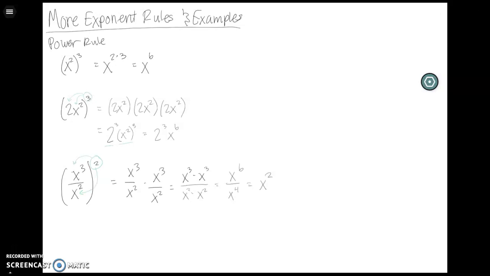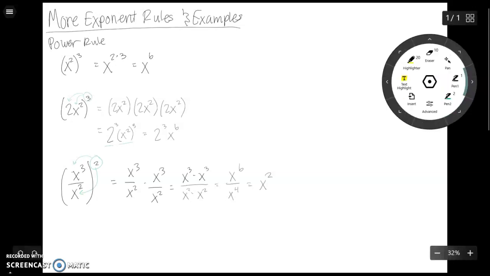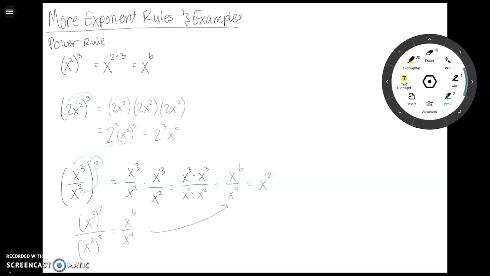So we ended up with x to the 3rd raised to the 2nd power over x squared raised to the 2nd power, which is x to the 6th over x to the 4th. And you see that's the same as what we did when we broke it down even further. So the key with this power rule is that you want to make sure the power on the outside of the parentheses gets distributed to everything inside.